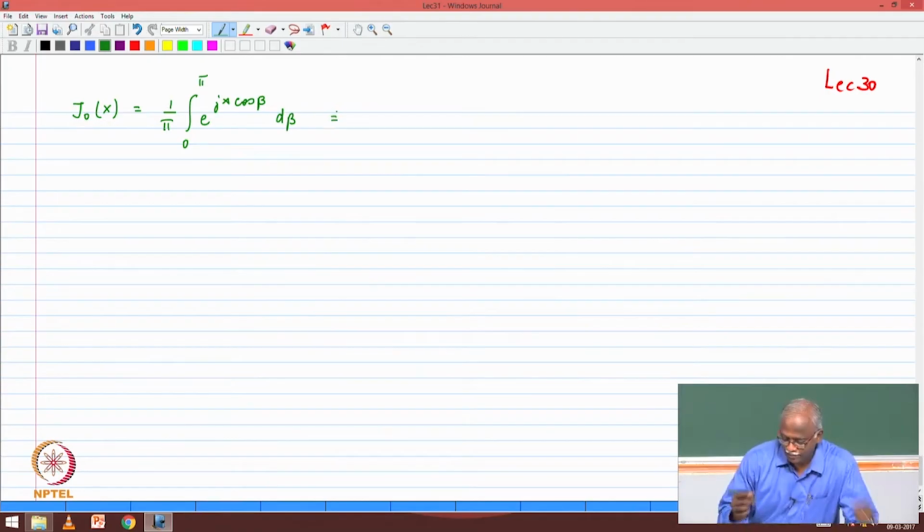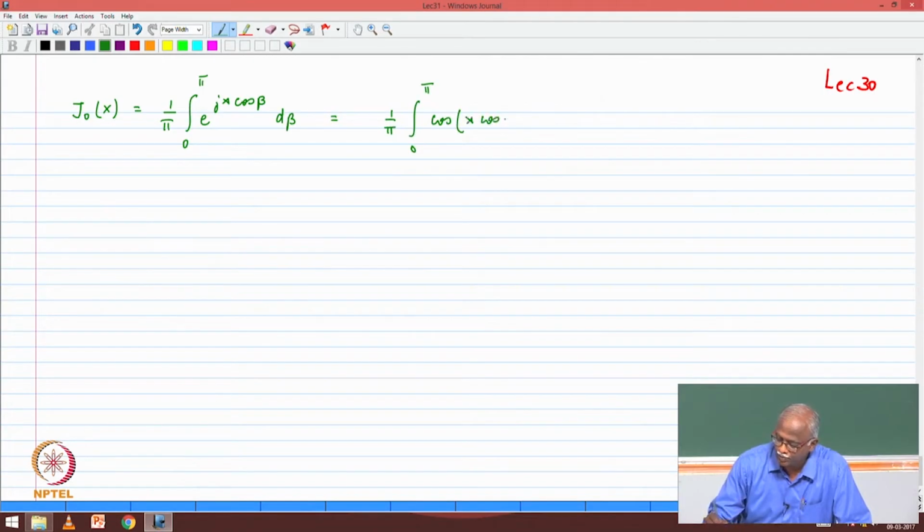We will simplify it for our purposes. Again, this is for the general case, but we are interested in a specific form. So we would like to write it as 1 over pi integral 0 to pi of cosine of x cos beta plus j times sine of x cos beta d beta.